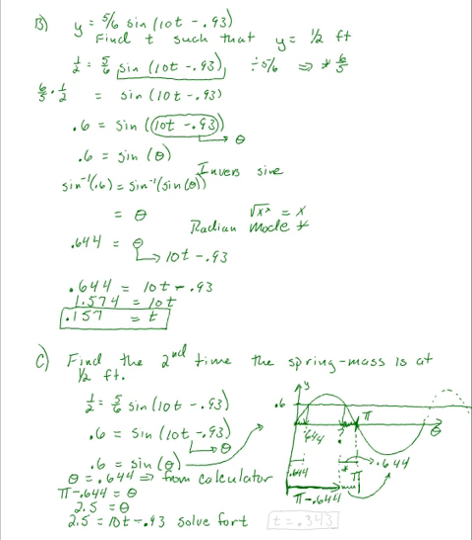That means I'm going to add 0.93 to both sides and then divide by 10. So I think you'll find that t is equal to 0.343. And that should be the second time that the spring mass system is at half a foot from equilibrium. Okay, and I think we'll call that done. I hope this was helpful.